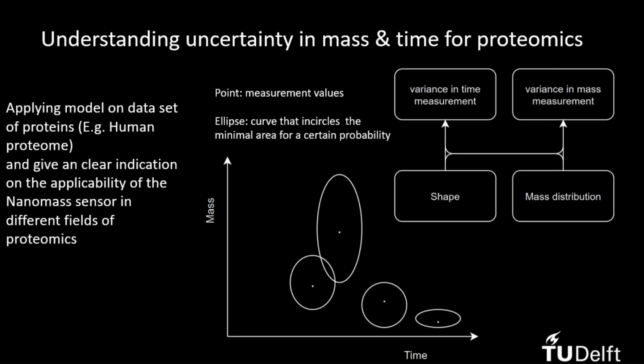The time variance would not really be quantified in the same way, but we can get it already from mass spectrometry data, in which I apply the blurring effect in the mass, and the blurring effect in the time is already in the real data. So with that, I can then give a good quantitative idea of how nanomass sensors can be applied for proteomics. And with that, my Bachelor End project would be finished.